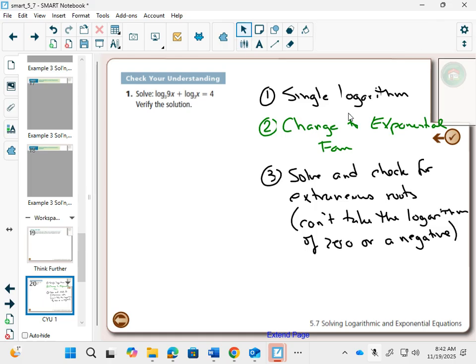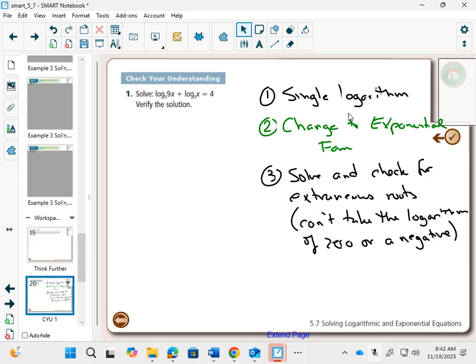So sometimes in solving logarithmic equations, you get an answer, and the answer is 5. But if you plug 5 back into the original equation, it would force you to take log of -7, which is impossible. So it is something we always have to check with log equations.